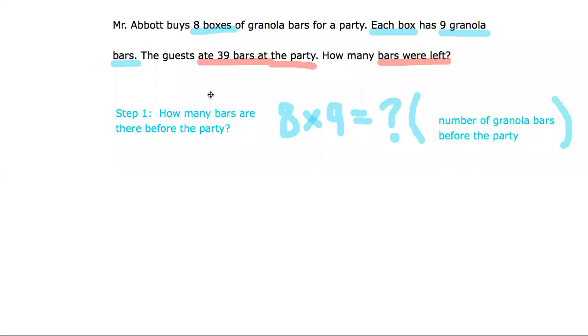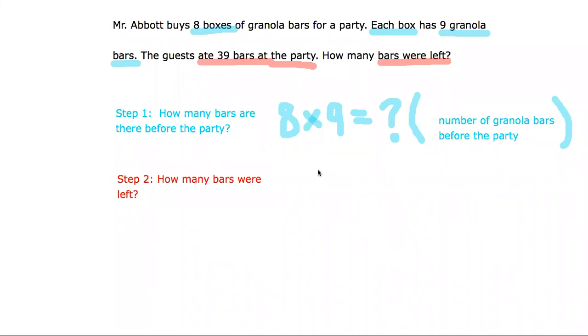The guests ate 39 bars at the party. When you eat something, the things disappear. When things disappear, they are being taken away. When I think about things being taken away, I think about subtraction. So I'm thinking about the number of granola bars before the party minus 39.